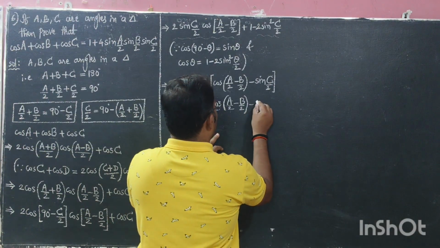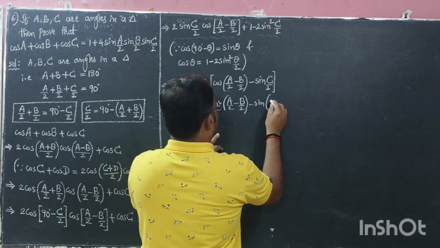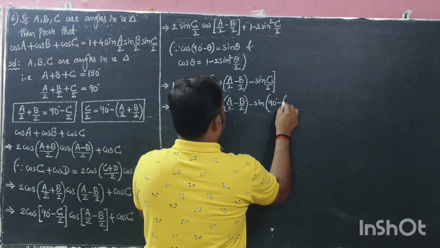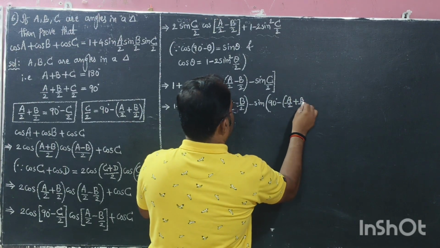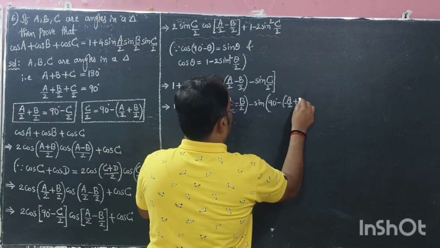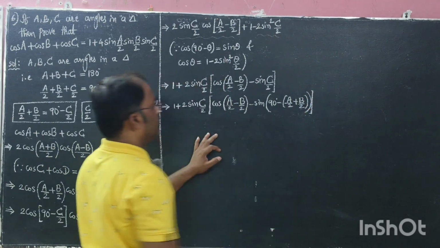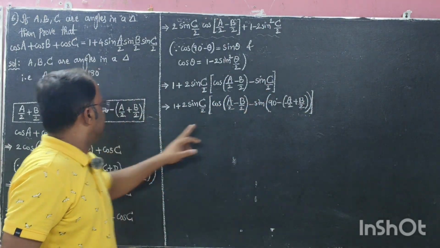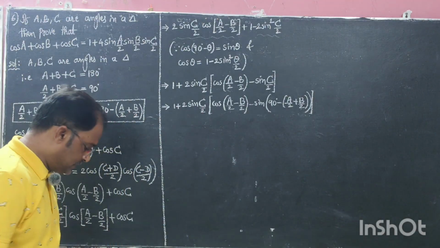So substitute the formula: C by 2 is 90 minus of A by 2 plus B by 2. Clear? Substitute capital C value, A by 2 plus B by 2.